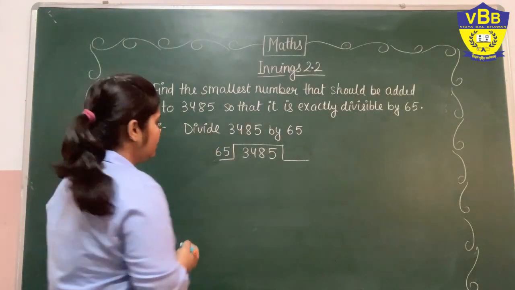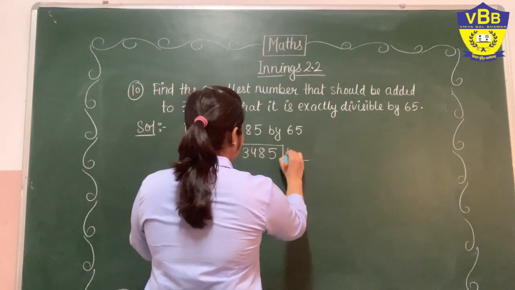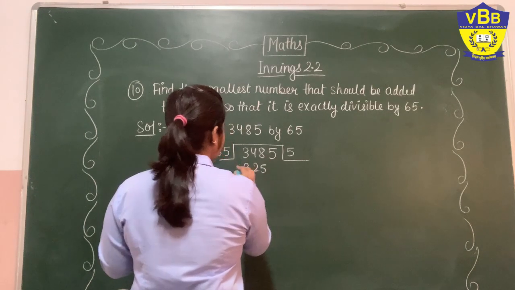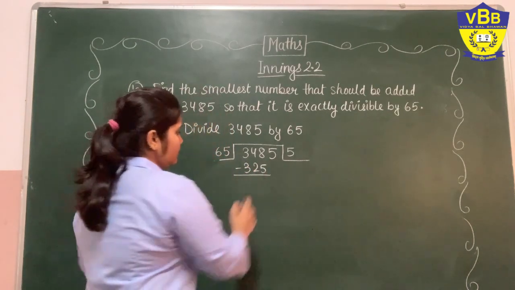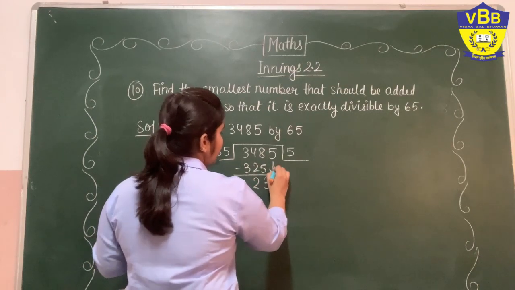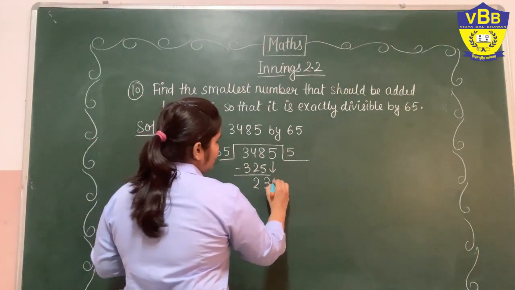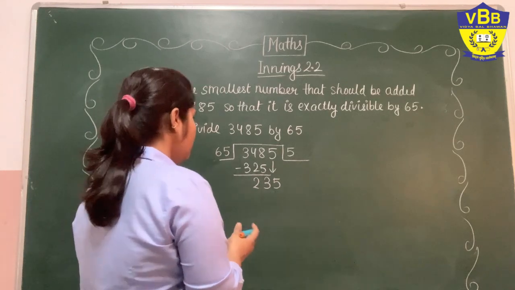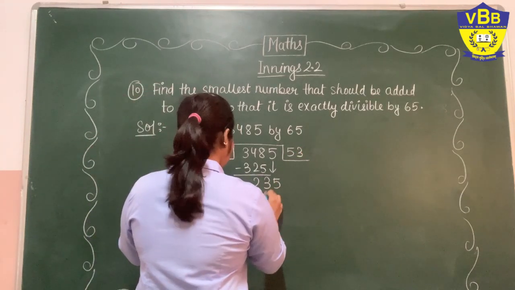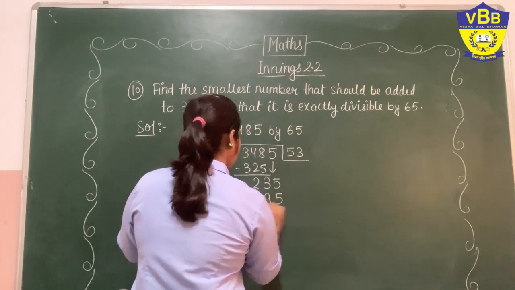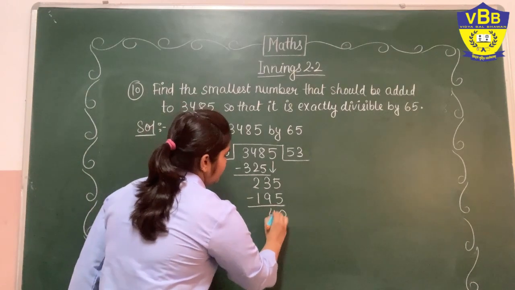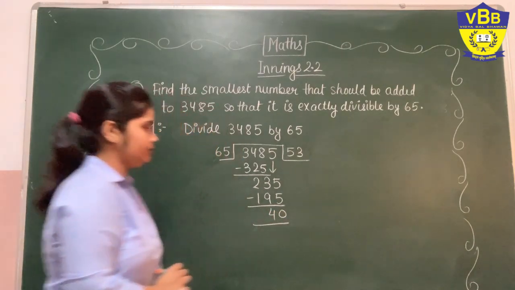Now divide it. 65 5s are 325. Subtract. 8 minus 5 is 3. 4 minus 2 is 2. Write down the next digit, that is 5. Now 65 3s are 195. 5 minus 5 is 0. 23 minus 19 will be 4, giving 40.